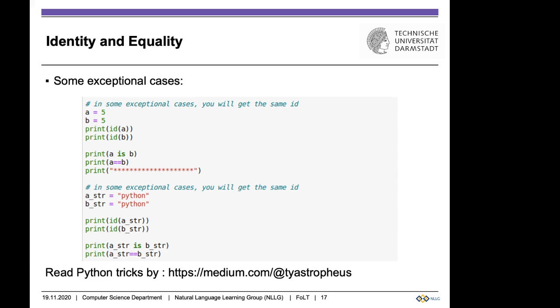So a is b will return true, and a equals b returns true as well. And also, if we assign a and b to the same string of Python, then the addresses of the values of them will be the same. And for more information, you can read the articles below for the details.